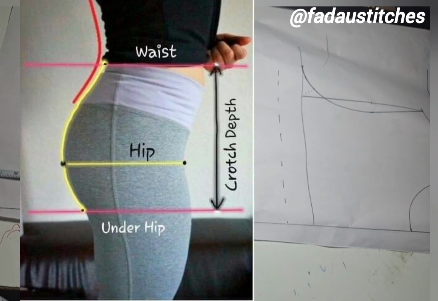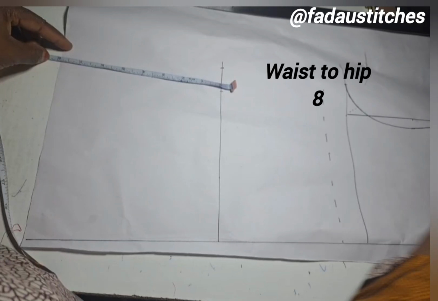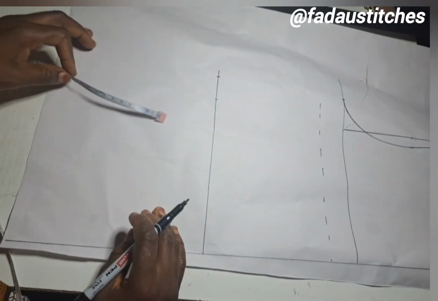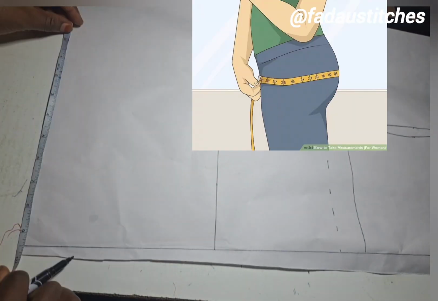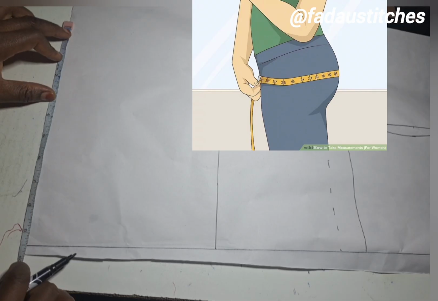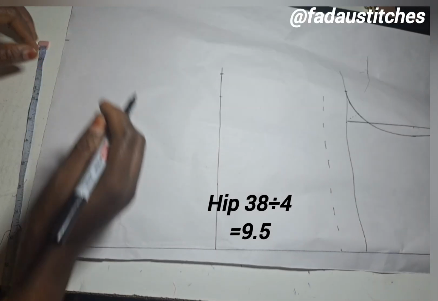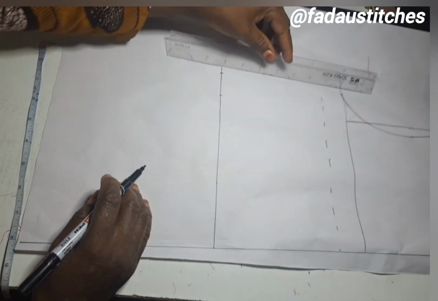Now after that, I'll measure waist to hip. The waist to hip is 8 inches. So I'll mark from my waistline down 8 inches, and on that line I'll be interpreting the full hip measurement, which is 38. 38 divided by 4 is 9.5.